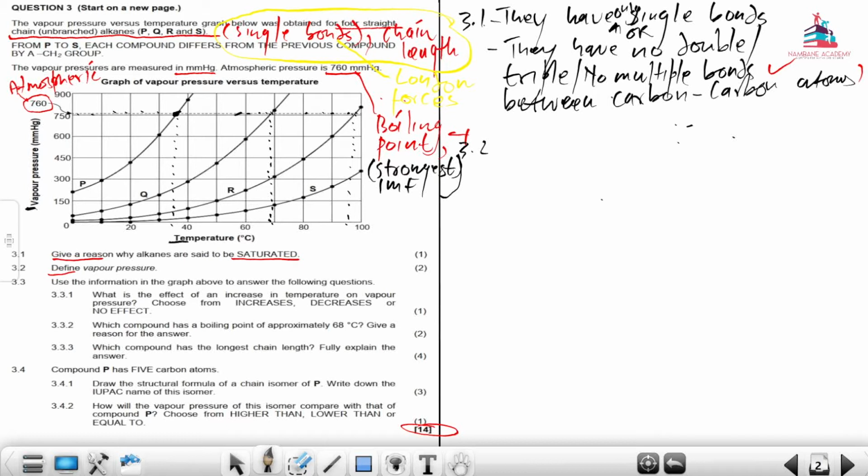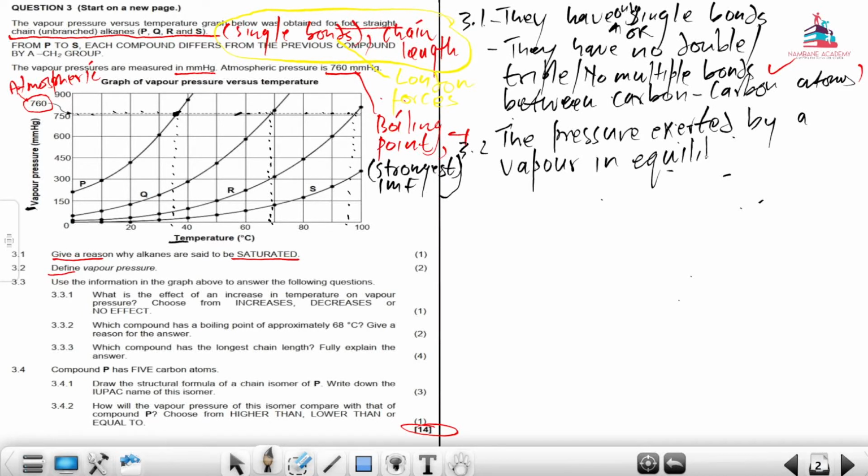So the correct definition here is the pressure exerted by a vapor in equilibrium with its liquid in a closed system.